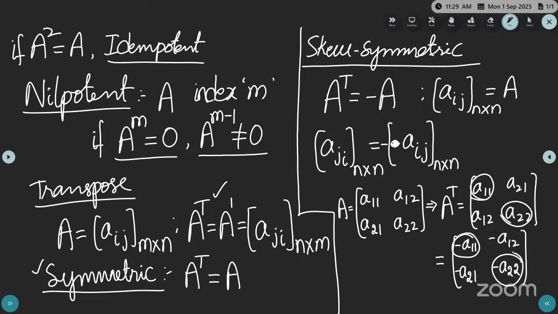Okay, write down a note. For a real skew symmetric matrix, the elements in the principal diagonal are all zeros.